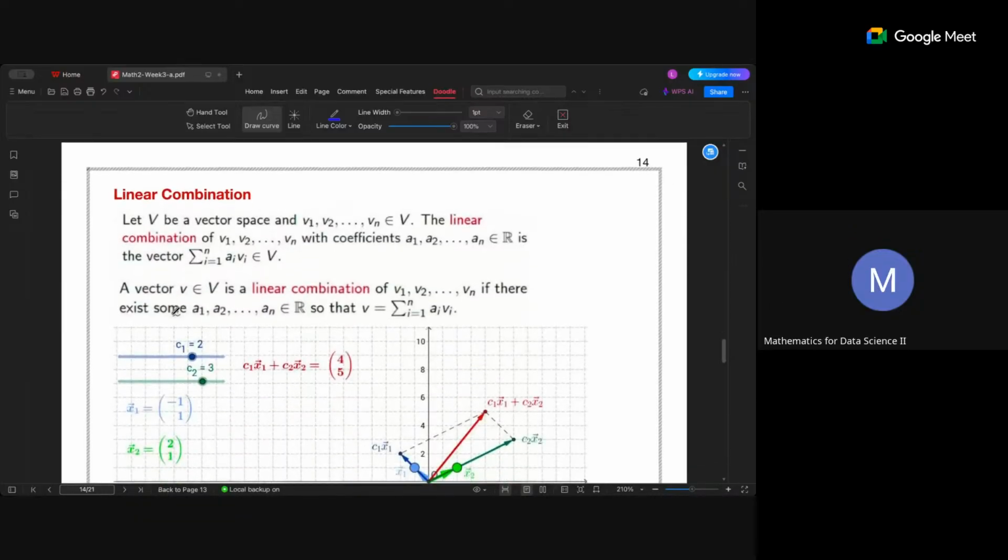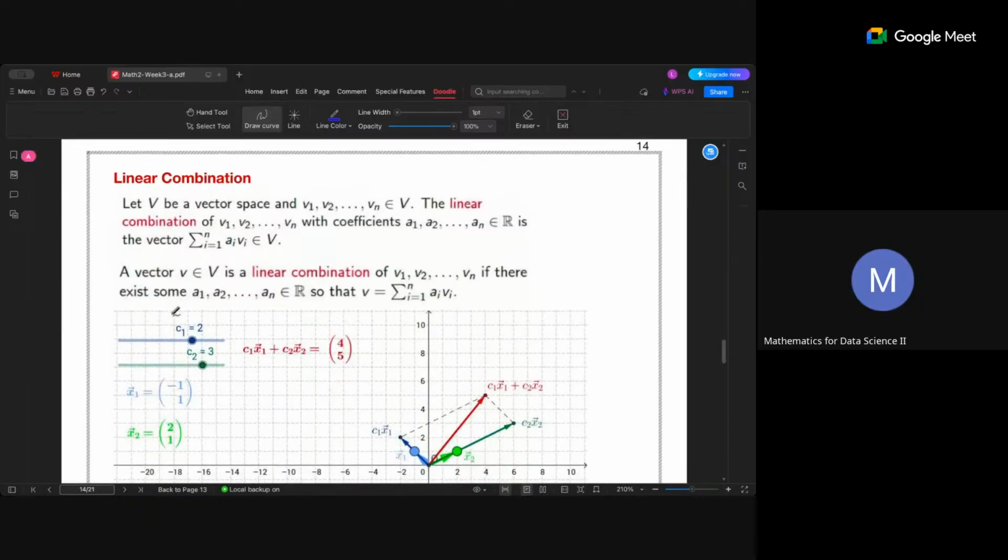Okay, the next interesting topic. Some people were asking about linear combination. So here is the topic. This is something very important to understand, so everyone concentrate here. It is a very simple topic, not very complicated, but very important. We have a vector space V and a set of vectors from V. What is meant by linear combination?